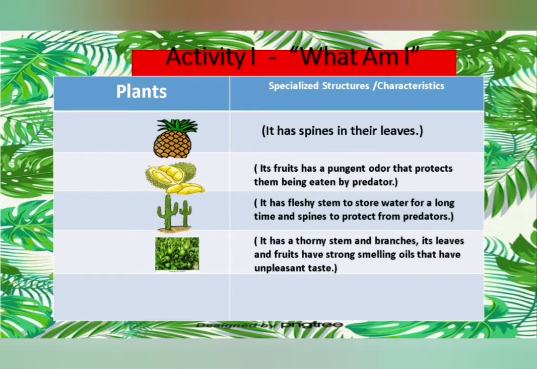Special structure is it has a thorny stem and branches. Its leaves and fruits have strong smelling oils that have unpleasant tastes. And the last picture is talahib grass. It has a sharp leaf that might cause you harm.